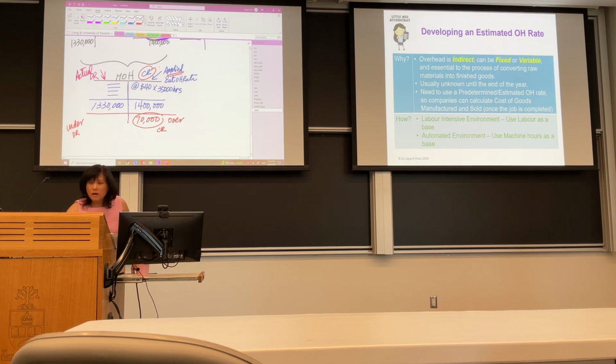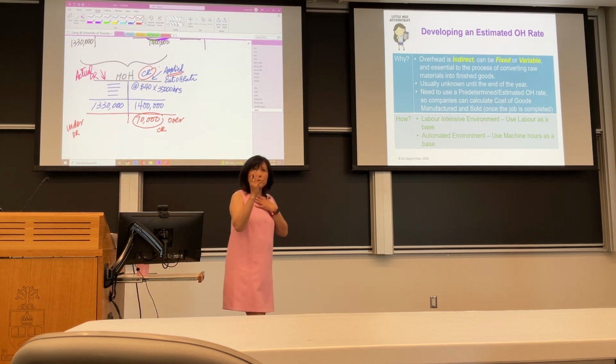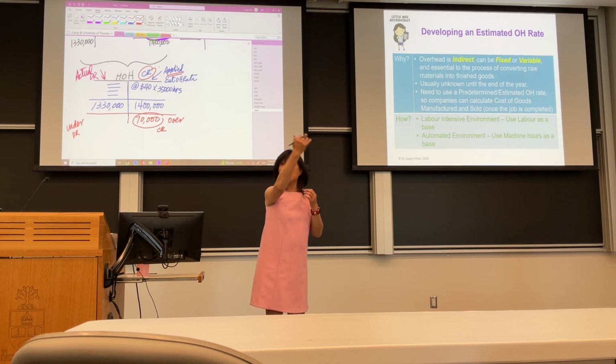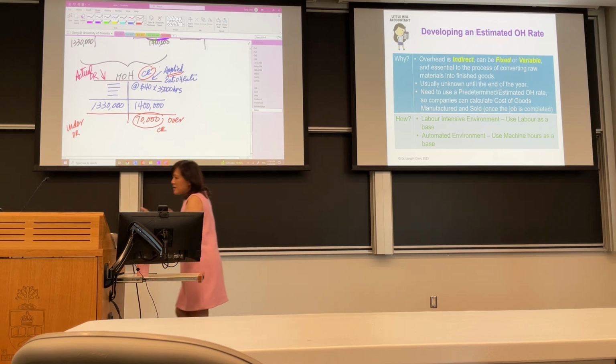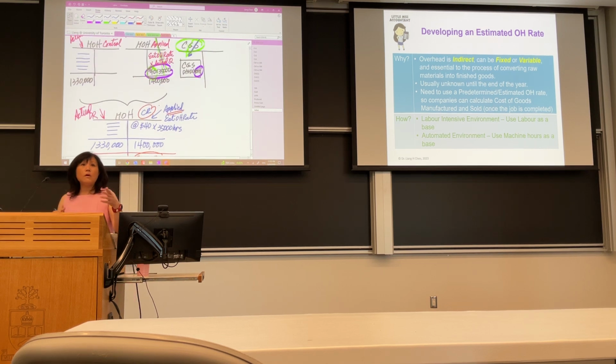Credit balance, over applied. So what do I do? I'm going to show you two different methods for writing off everything into cost of goods sold. It doesn't matter if the company uses one account or two accounts. Actually, if the company uses two accounts, it's easier.